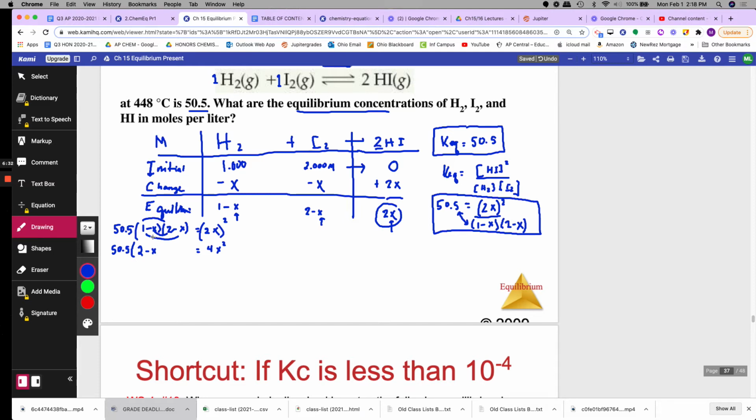Outside would be minus x, inside would be minus 2x. So minus x and then minus 2x is minus 3x. I'm just going to do that in one step. Minus 3x, and then the last would be minus x times minus x, which is plus x squared.